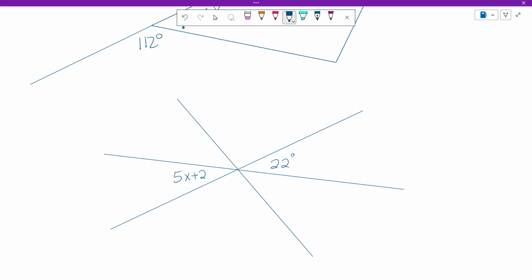Okay. Let's say I wanted to figure out what x is. Now, what types of angles are these? Vertical, because they're opposite of each other, so they're vertical angles. Vertical angles are equal to each other. So how do I figure out what x is?